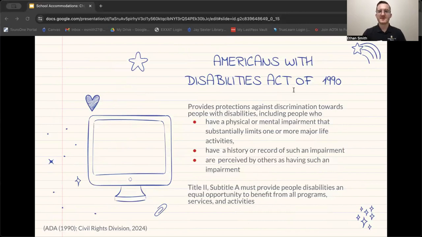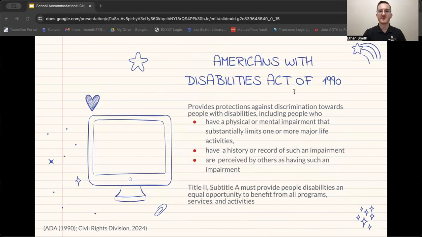The ADA prohibits the discrimination of people with disabilities in all areas of public life, including jobs, schools, transportation, and all public and private places that are open to the general public. It gives civil rights protections to individuals with disabilities similar to those provided to individuals on the basis of race, sex, national origin, age, and religion.